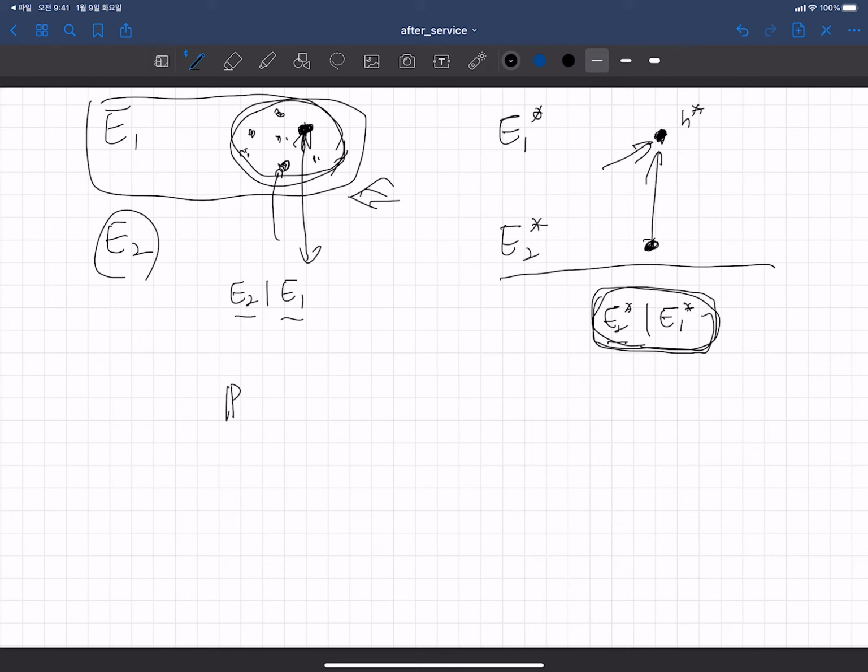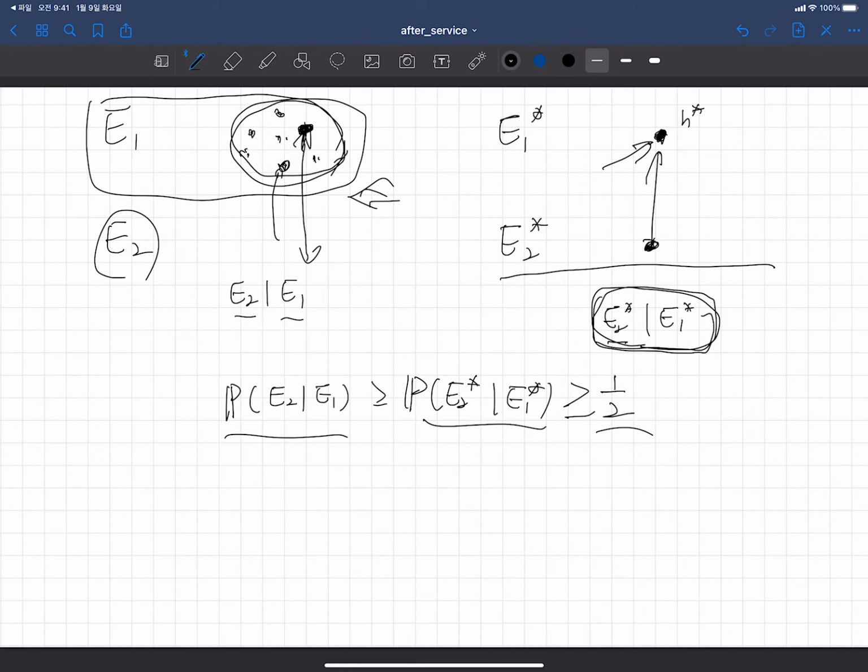From this you can say that the probability of E2 given E1 is bigger than the probability of E2 star given E1 star. And in the proof we show that this is greater than 1 over 2. So from this we know that the probability of E2 given E1 is bigger than 1 over 2.